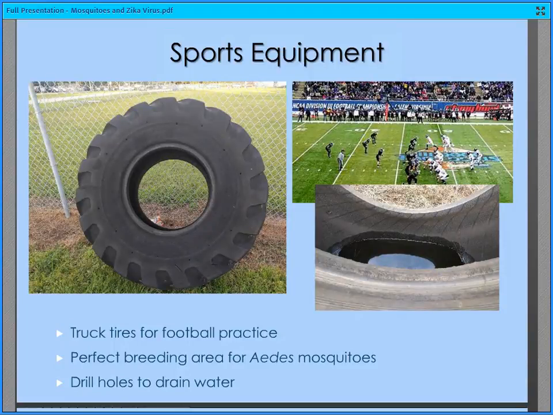Tires, we have big truck tires out there for the football players to throw around for their practice. And we've been going out there trying to get water out of them. And my guys aren't into the football end of it. They're not quite as large as some of these football players. So it's been a real challenge. I was visiting my local mosquito control people, and they said drill holes in it.